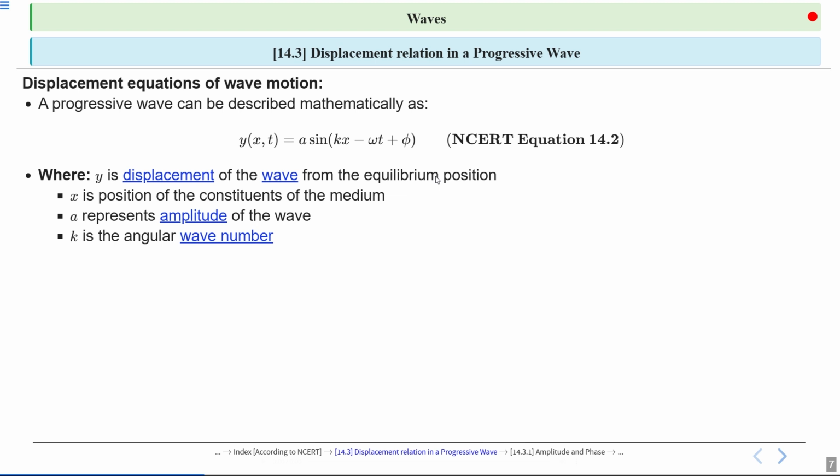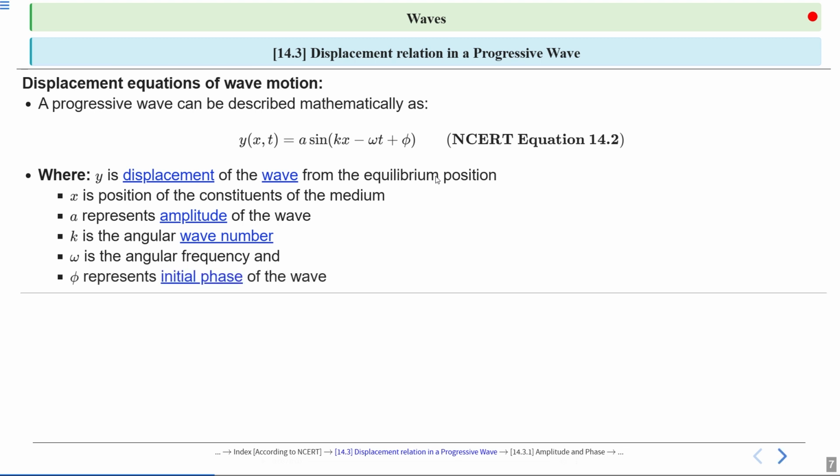It tells us how many wave cycles fit into a certain distance. Omega, written as the Greek letter, is the angular frequency, and phi is the initial phase of the wave. This determines where the wave starts at time t equal to 0 and position x equal to 0. Changing phi shifts the whole wave left or right.